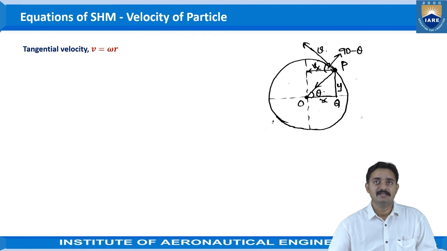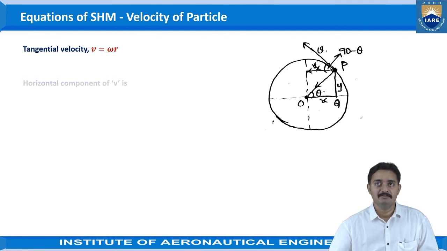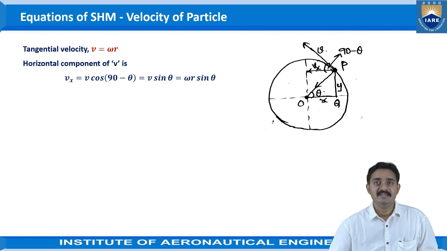Then the tangential velocity v is equal to omega r can be obtained here. Horizontal component of v is Vx is equal to v cos (90 minus theta), that is equal to v sin theta, which can be written as omega r sin theta. But we know sin theta is equal to y by r from the triangle here, which is given in the figure.